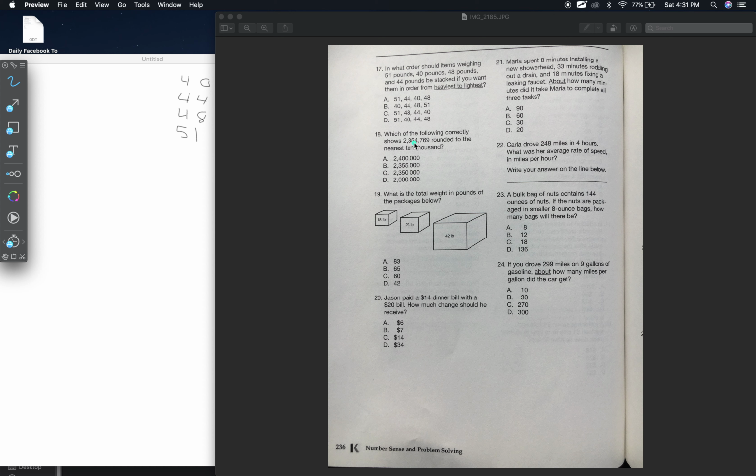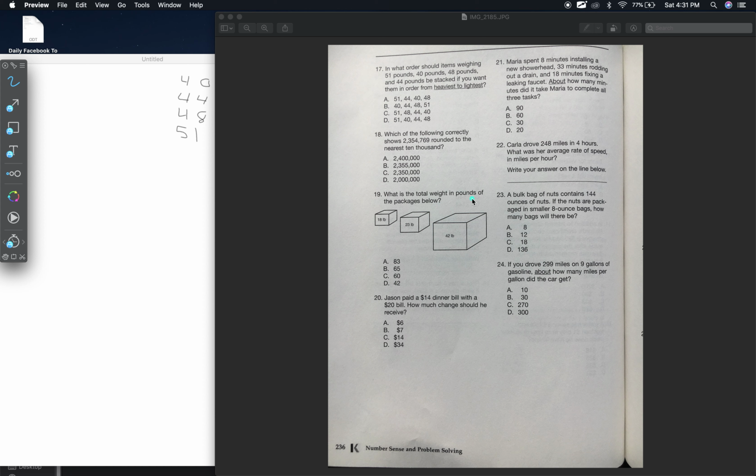That would be a 6, and it would be 2,360,000. But since it's a 4, we keep this as a 5 and change the following ones to zeros. So here we have our answer. It is C.